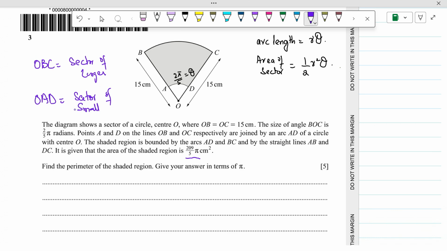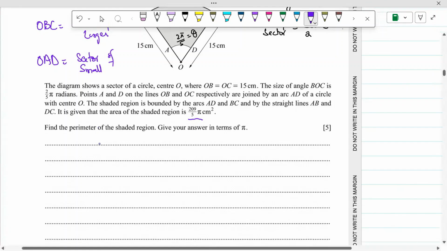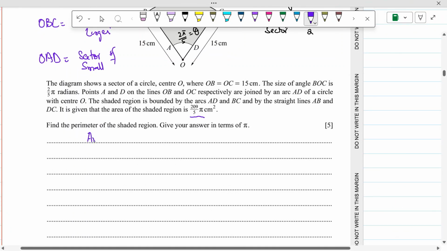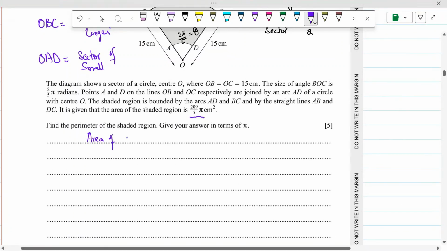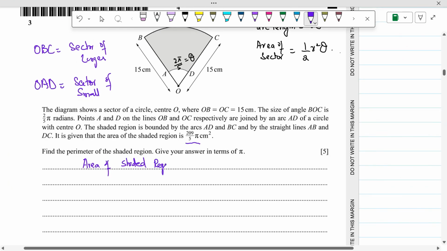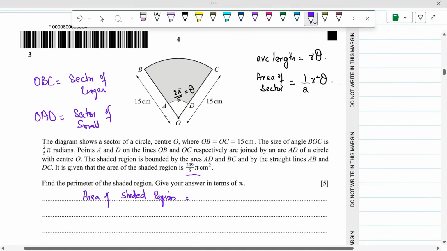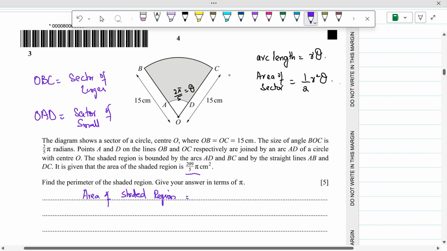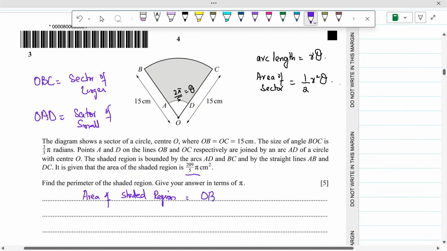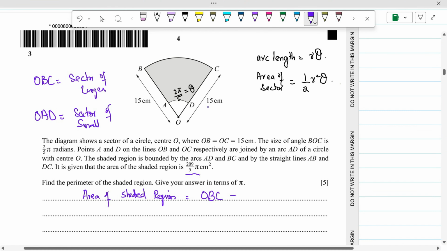If we subtract the sector of the small circle from the sector of the large circle, we get the shaded region. So we can say that the area of the shaded region is equal to the area of the sector OBC minus the area of the small sector, which is OAD.